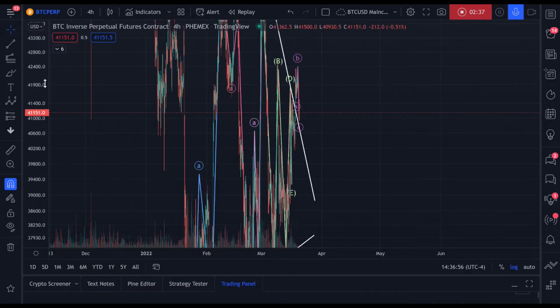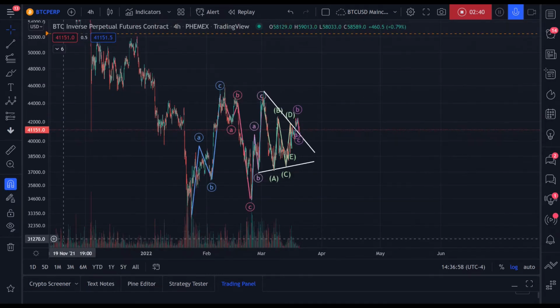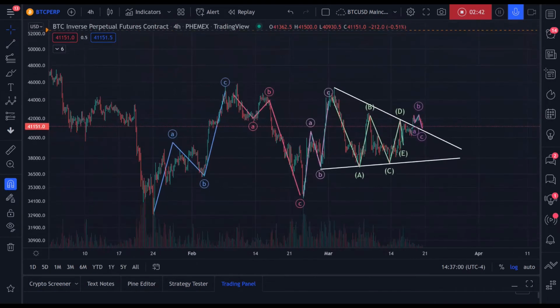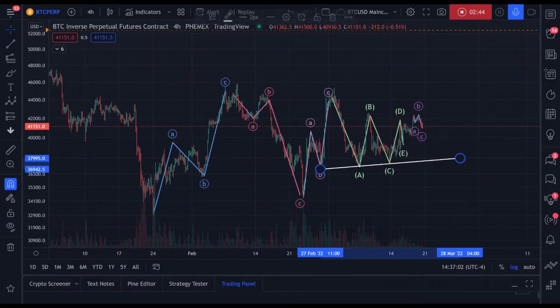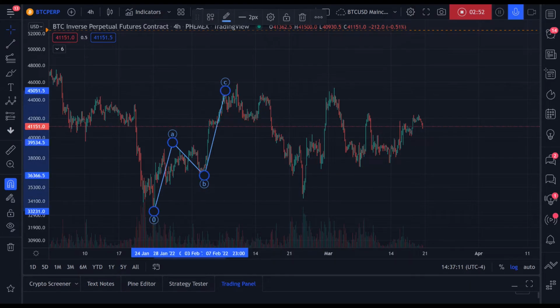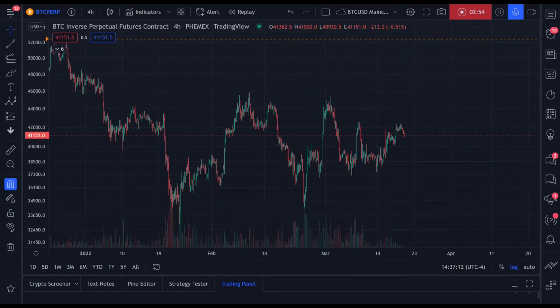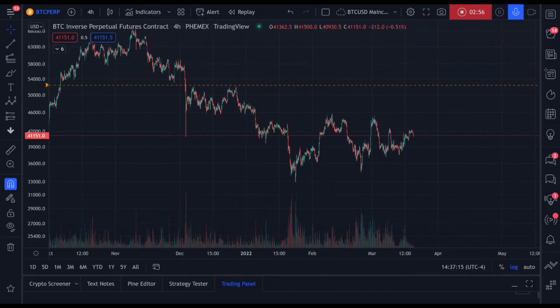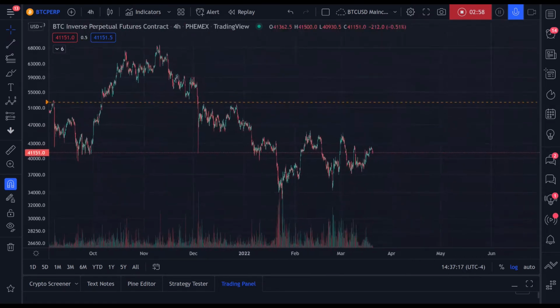So let's zoom out on the 4-hourly time frame, and let's actually remove all of this because this is no longer relevant. All right, we've passed all that. Let's clean our chart up, okay? And so on the 4-hourly time frame, let's make sure we're on log. We are.